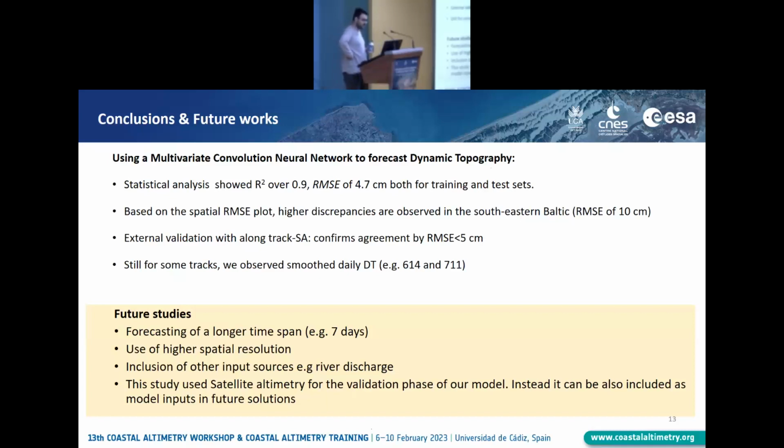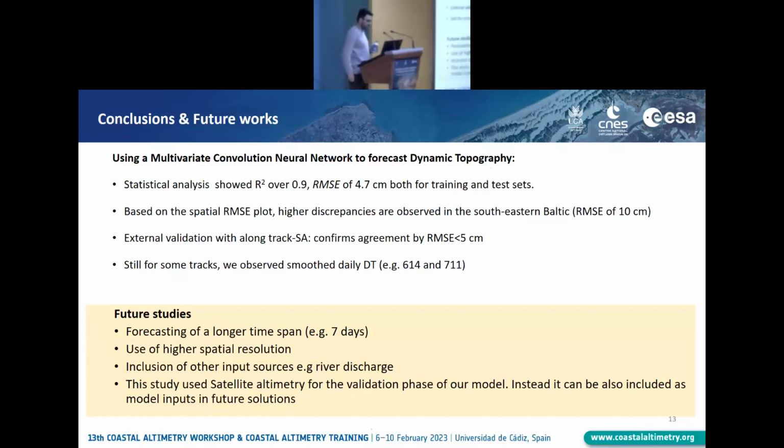Based on the spatial RMSE plot, the higher discrepancies were observed in the southeastern Baltic Sea, with an RMSE of around 10 centimeters, which can be due to a different source of input data that I used here for SST and wind rather than the HTM simulation. We also validated the result with aligned track satellite altimetry measurements from the Baltic Sea, and the results confirm the agreement between the two data sets, with RMSE lower than 5 centimeters.